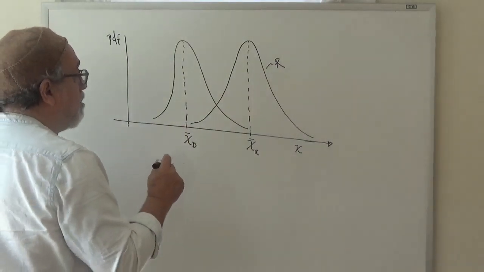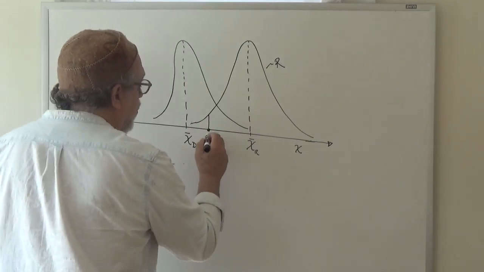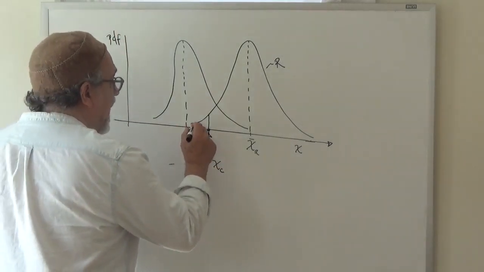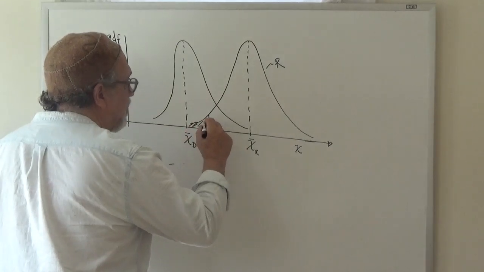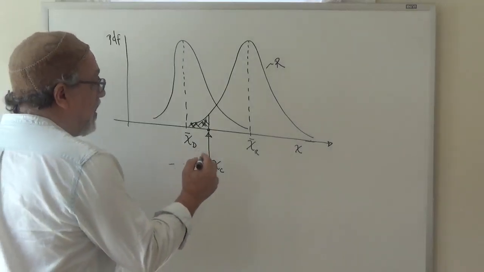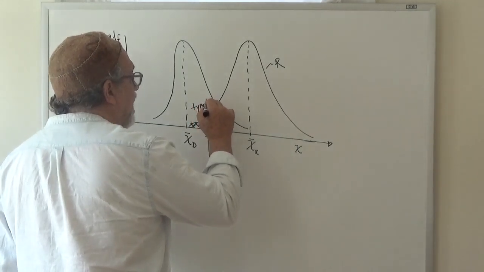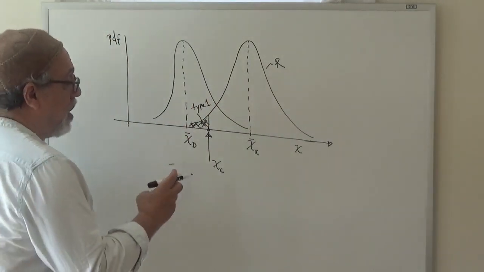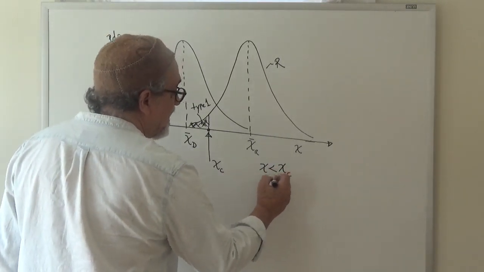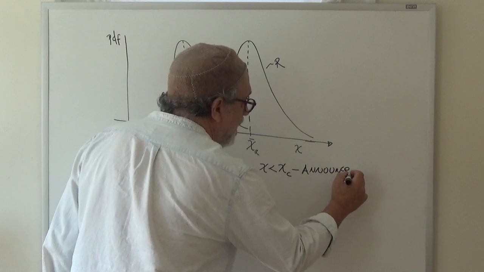Now, if we take this value here as our critical separation, and we decide that anything to the left of that we are going to call damage, then we would say that this area here is the type 1 error, because we would say that if x is found to be less than xc, we would announce damage, right?